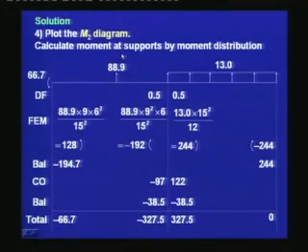Finally, we are calculating the M2 diagram by the moment distribution method. We are calculating the distribution factor, we are calculating the fixed end moments for the given uniform load, and then by the balance and carryover we are calculating the total moments.